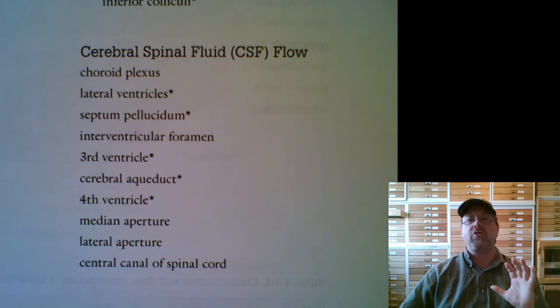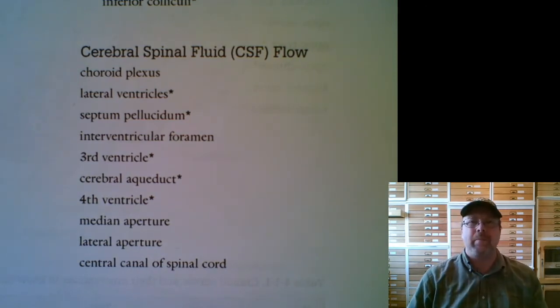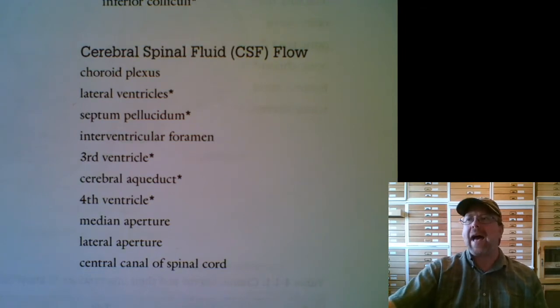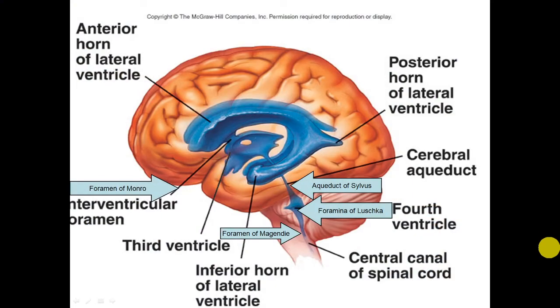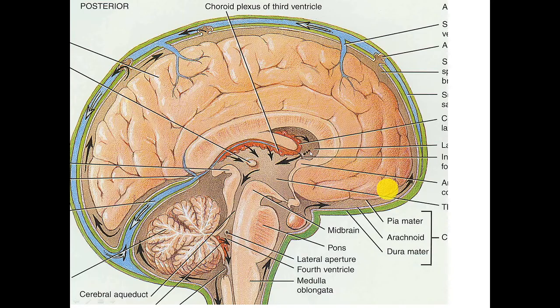Now, this is tricky because they're spaces within the brain. They're not actually solid material. So if I go back to our picture here, and I am going to scroll down. When we look at our typical picture that we're interested in for most of the other structures that I just covered in the last video, you're going to see that there are no real obvious ventricles.